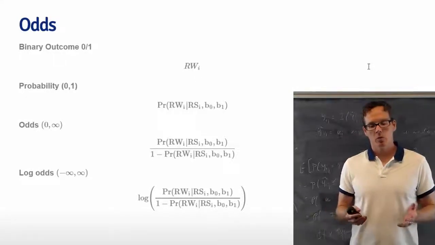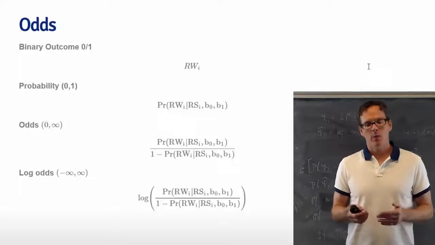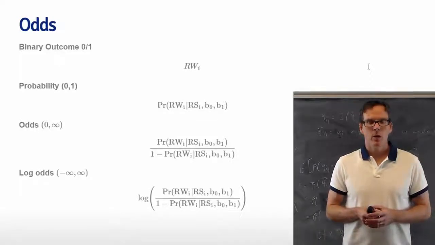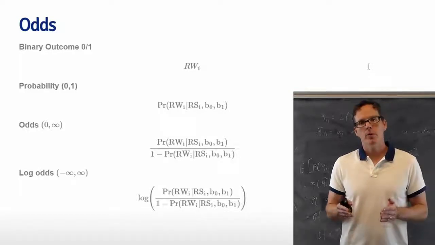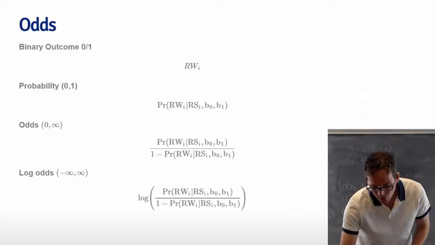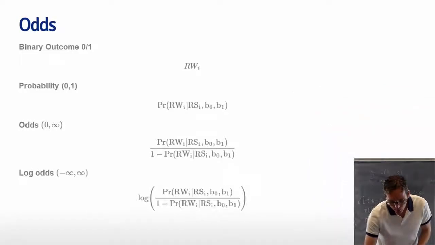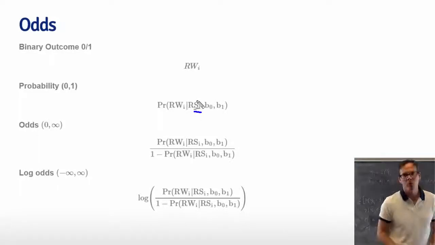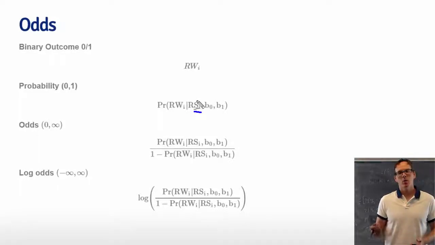Just to remind ourselves what the odds are, if we have a binary outcome, which in this case is whether or not the Ravens win, we want to model the probability that the Ravens win. So we're going to model it like it's a bunch of coin flips.